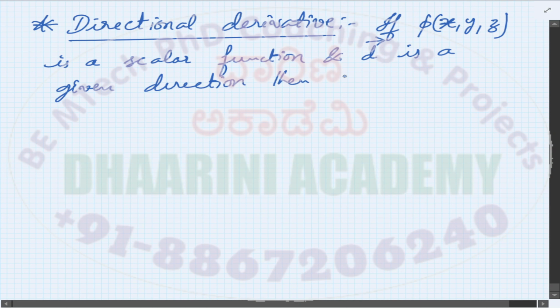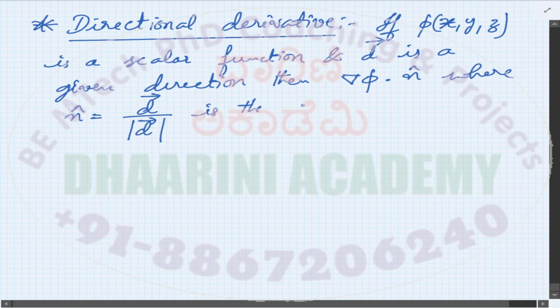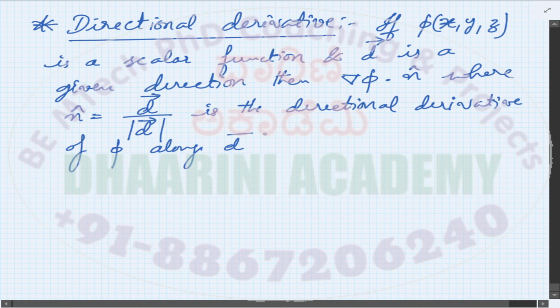Then the del phi dot n cap, where how do you find this n cap? N cap is the unit vector along the direction of d. So d divided by magnitude of d, right, is the directional derivative of the phi. All right, this is along this d.